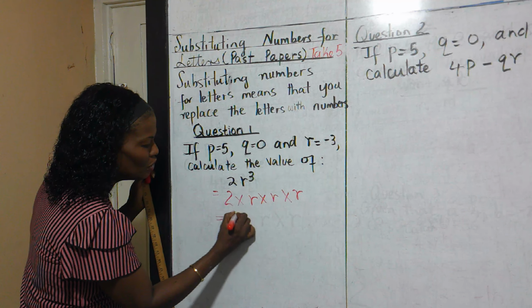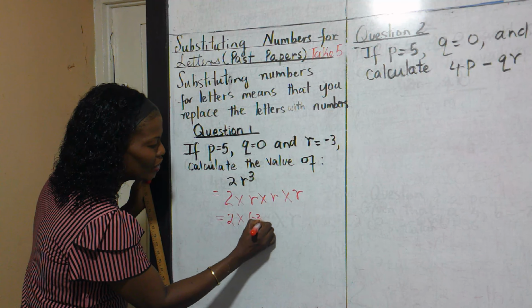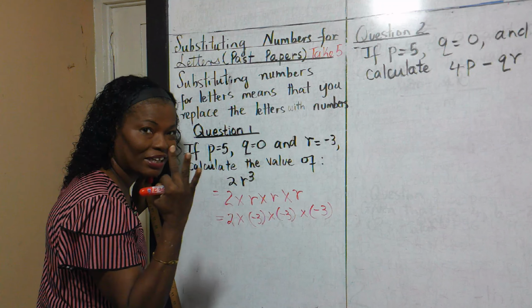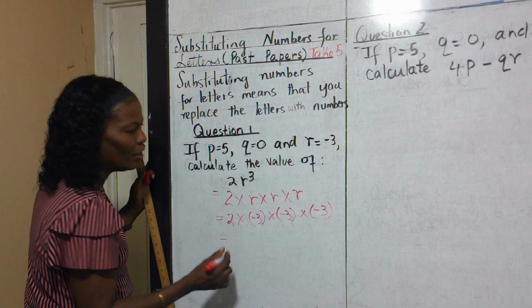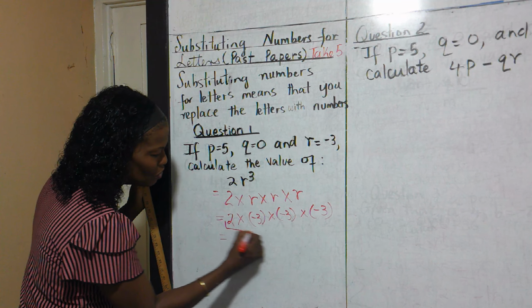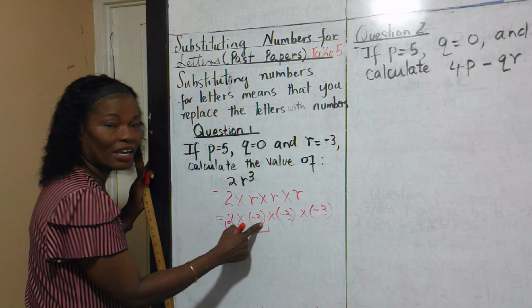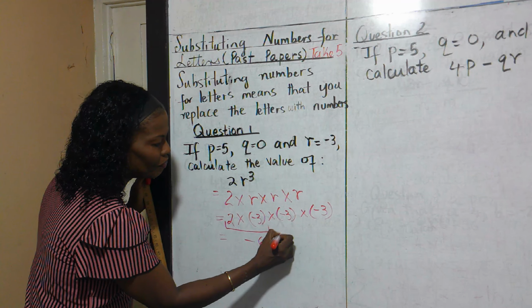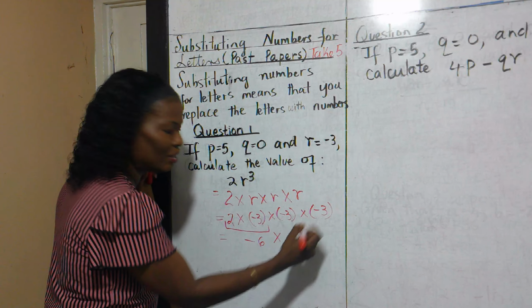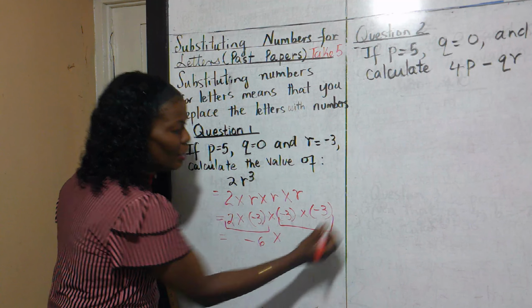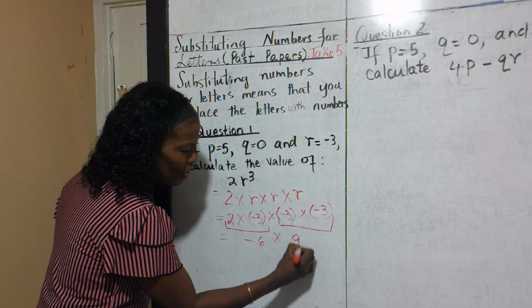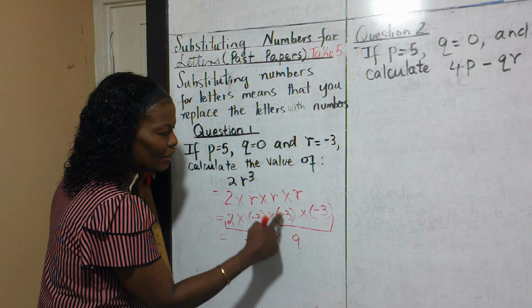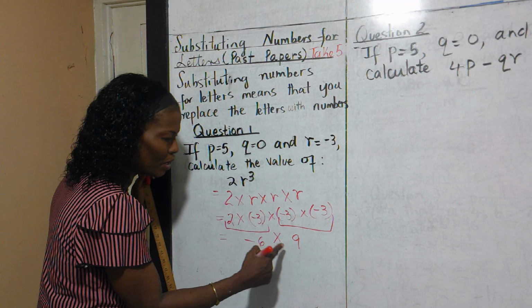So 2 times -3, and we're writing -3 how many times? 3 times. Let's multiply them 2 by 2. 2 times -3 is -6, times -3 times -3 is +9. 3 3s, 9. Negative times negative is positive.